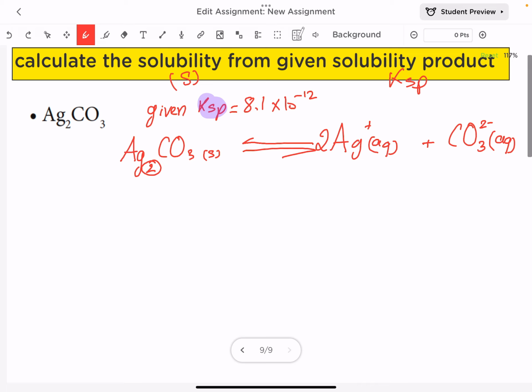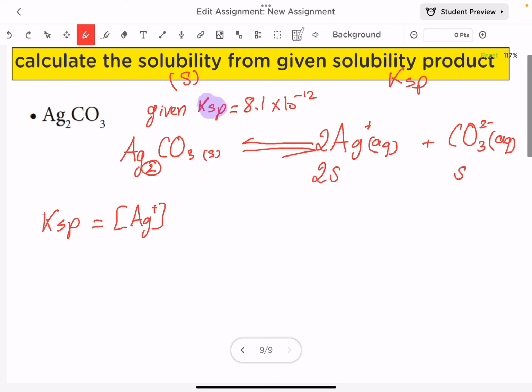Step 2 is to place under it, to write how this is going to dissociate in terms of the solubility. So it's going to give me 2S, 2 solubilities for Ag plus, and 1S for the carbonate ion. Now step 3 is to write the expression of the Ksp.